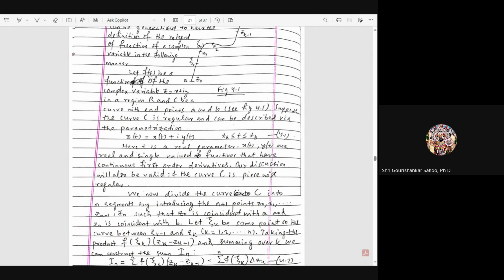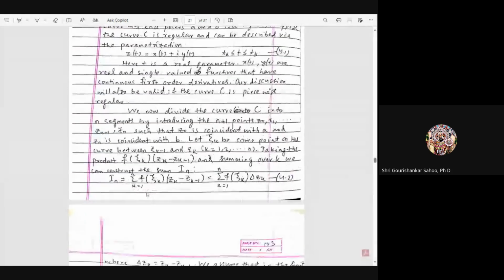T at A and T at B. So your t is a real parameter, and your xt and yt are real and single valued functions that have continuous first order derivatives. Our discussion will be valid if the curve C is piecewise regular.